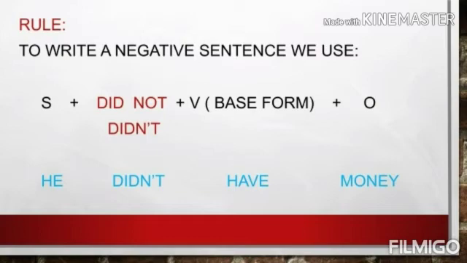Okay, plus the object. Let's see this example. He didn't have money. So he, it's a subject. Didn't, it's the negative of verb did. Have, it's a verb, the base form. So have doesn't change. Money, it's an object. So in negative, we add didn't plus the verb.